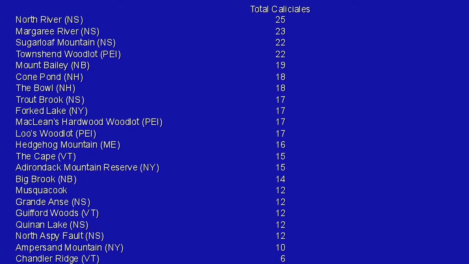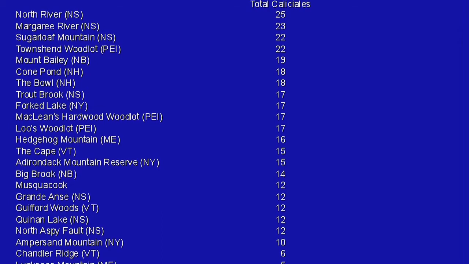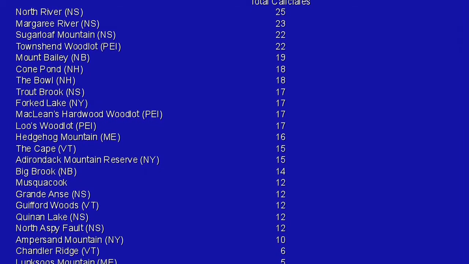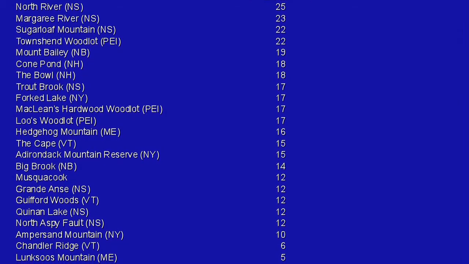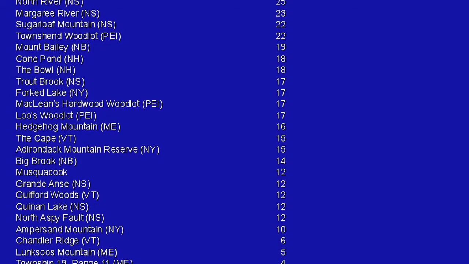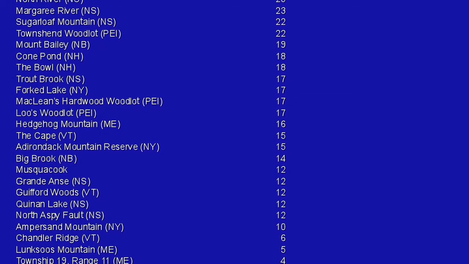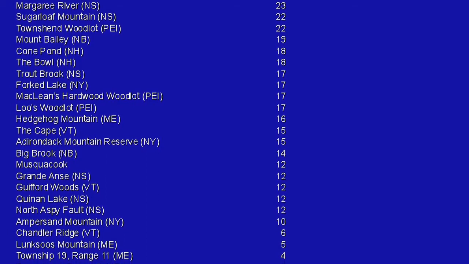Okay, these are northern hardwoods forests that I've been to. And over on the right, the number of species that I've collected in each of these stands. So you see Nova Scotia is well represented at the top. North River, Margaree River, Sugarloaf Mountain, these are all, at least from my perspective using these Calicioid lichens, impressive stands.